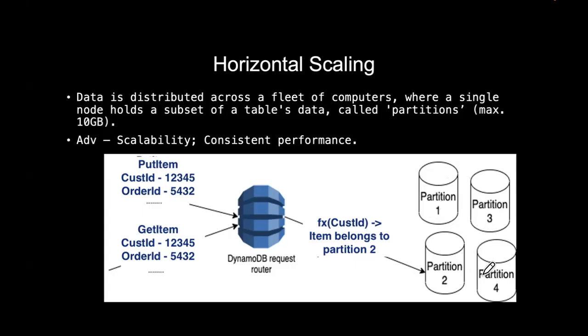That happens automatically. Essentially, once your table goes above 10 gigabytes, then DynamoDB will automatically start partitioning it. Again, you don't specify how many partitions you want at table creation time. DynamoDB will take care of this automatically for you.